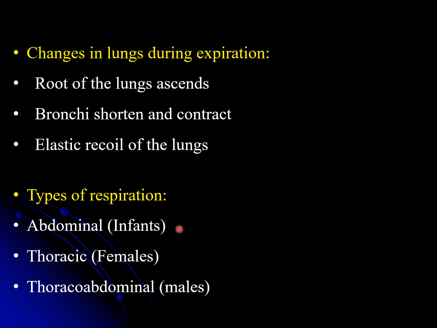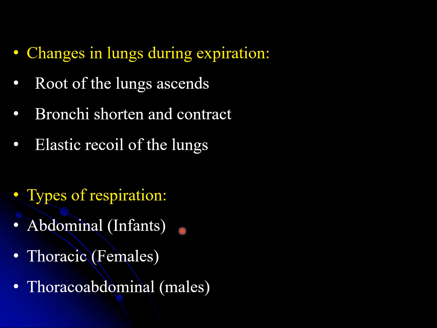What happens in very early life is that the ribs are not very curved or slanted, so they are almost horizontal. Because of the horizontal arrangement of the ribs, the pump and bucket handle movements are not properly taking place.